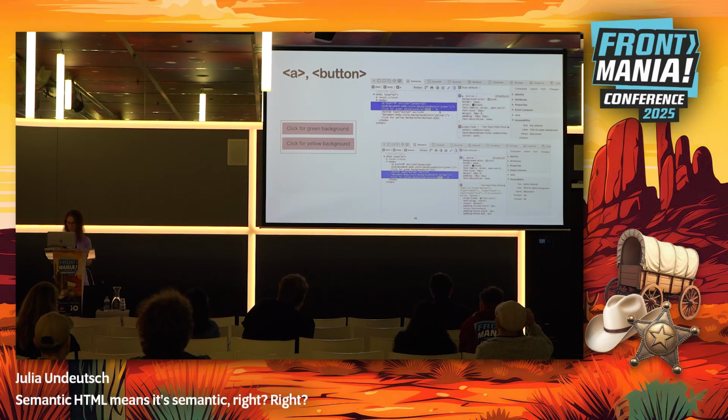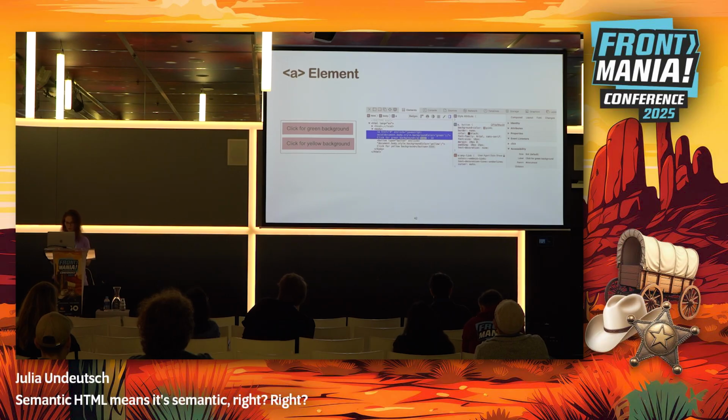Now we go into more detail. Also important is that in the accessibility pane we have the role of link, meaning screen reader users will get the information, link, click for green background. But when I see something called click for green background, I assume something is happening and not that something is navigating me somewhere else. So hearing link, click for green background does not make sense at all.